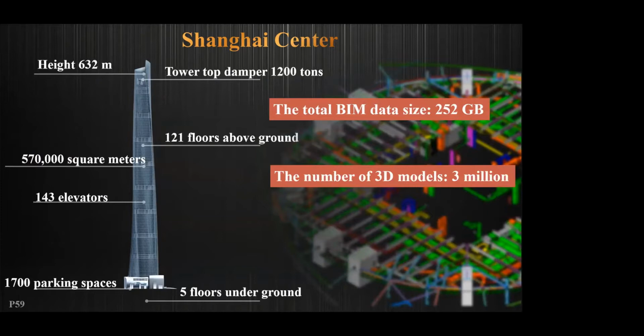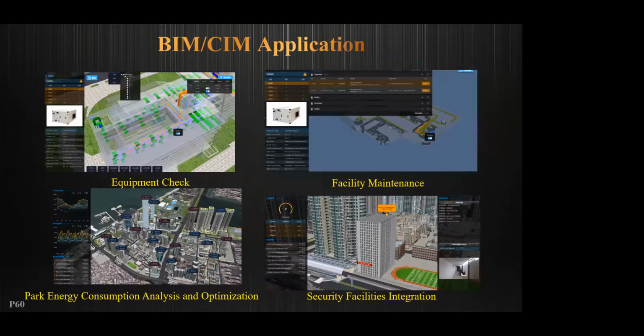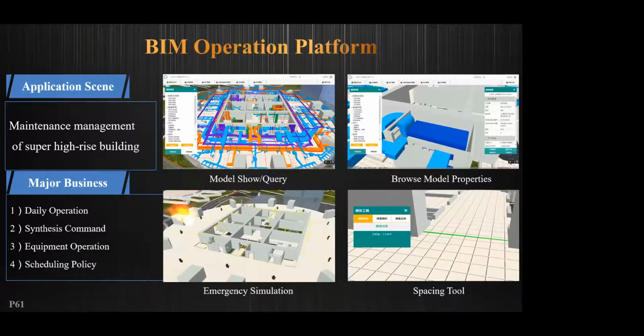So we can see the functions of it, like equipment check, facility maintenance, park energy consumption analysis and optimization, and security facilities integration. In the BIM operation platform, we can also achieve model show or query, browse model properties, emergency simulation, and spacing tool. All of the system can also be shown in a big dashboard or a big screen.